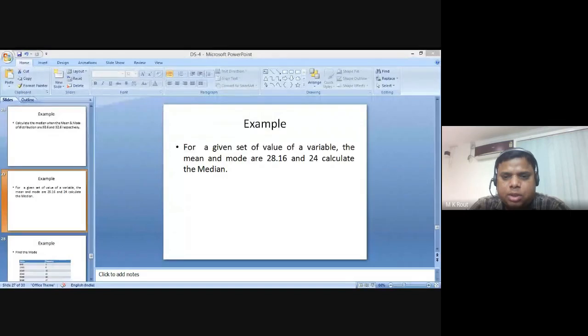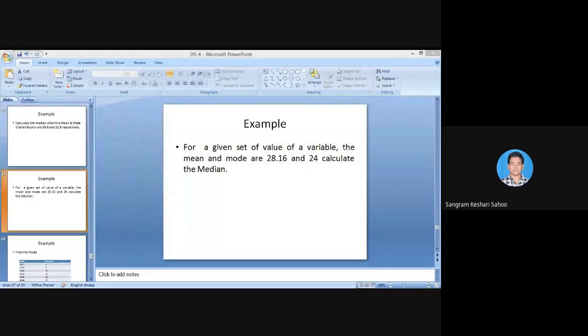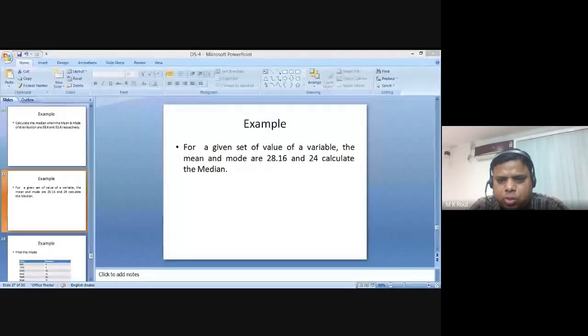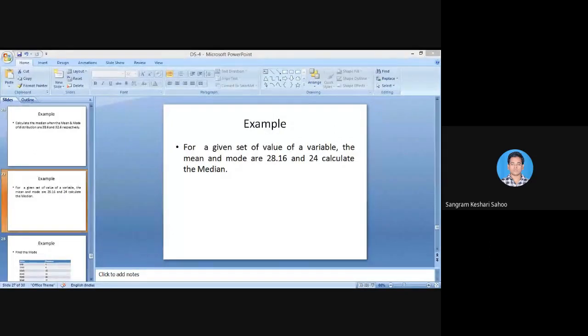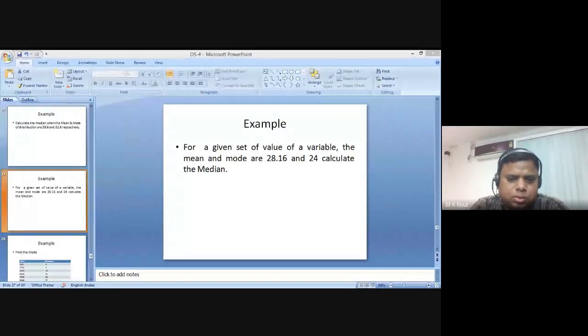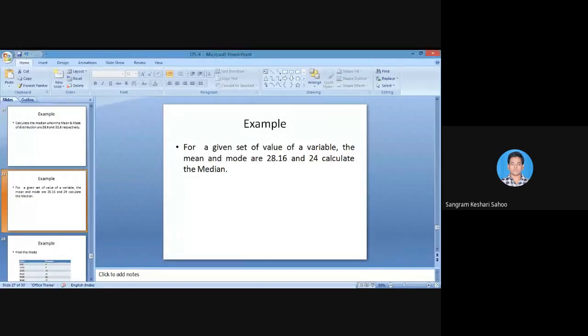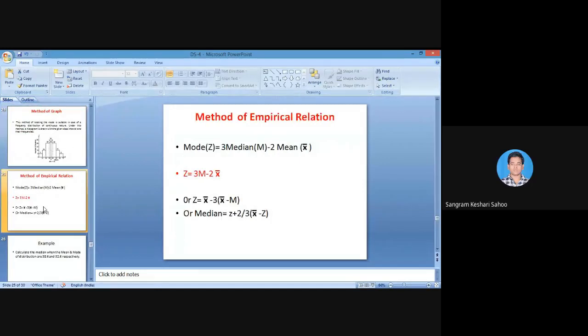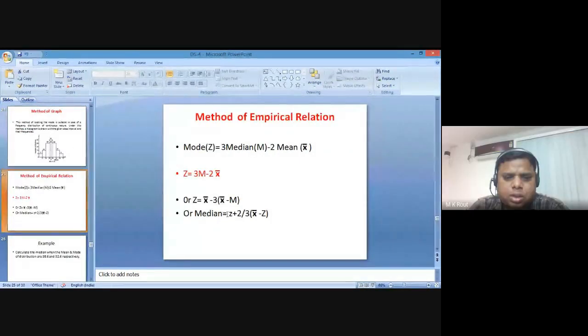Sangram Kesari Sahu. Hello. Sir, I am confused about how to calculate. Why confused? You did not understand the earlier one, so I crossed you. Sir, here mode is given and mean is given.